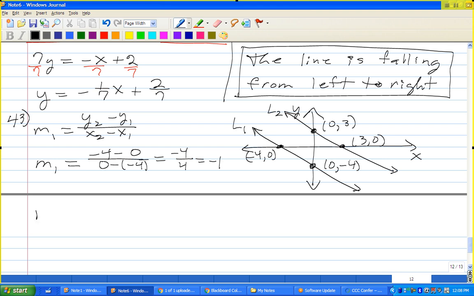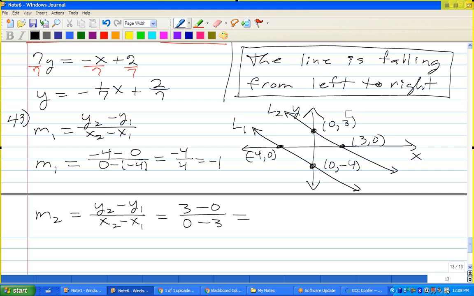Let's look at the slope of the second line. So change in y over the change in x. So let's do 3 minus 0 over 0 minus 3. 3 minus 0 is 3. 0 minus 3 is a negative 3.